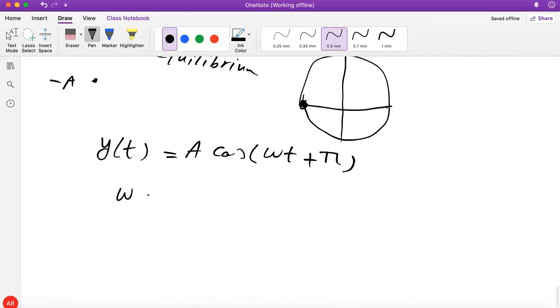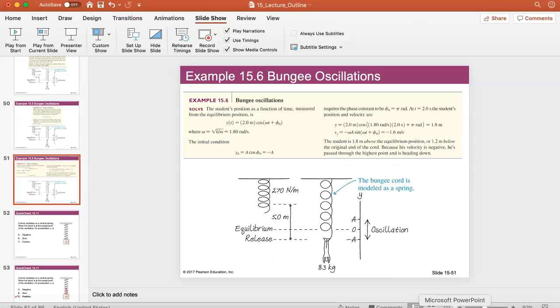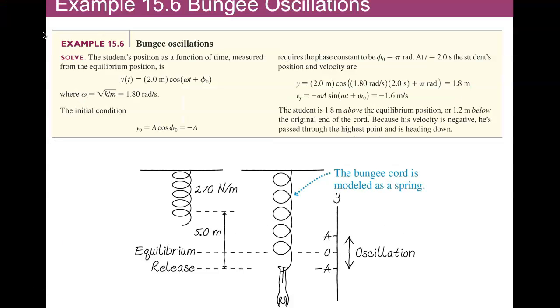So omega is the square root of k over m. And we're given these numbers. So I think that was 270, and this was 83, square root. So let's see what the answer is here. Yeah, square root of k over m, so it's 1.8 rad per second.